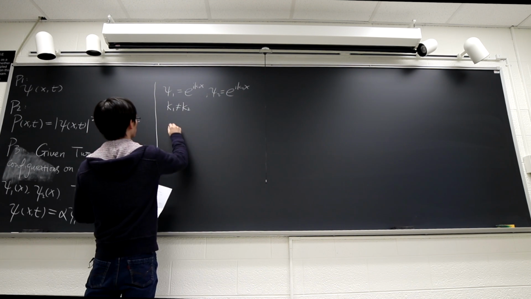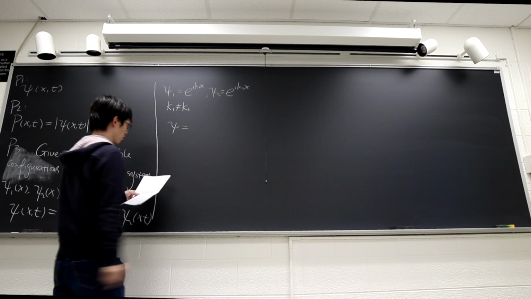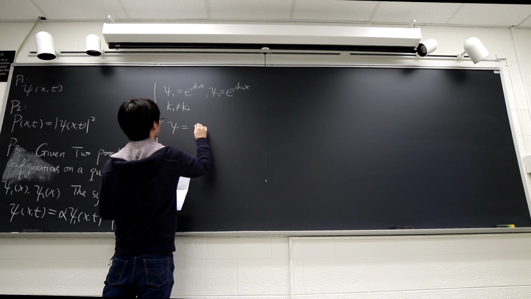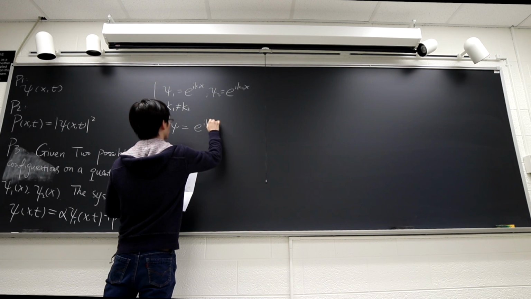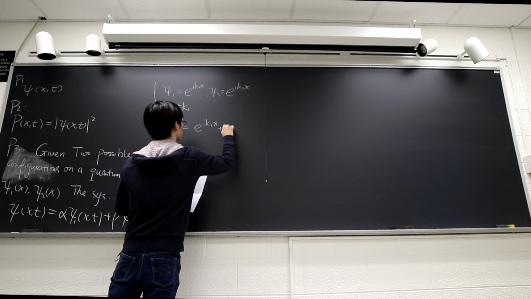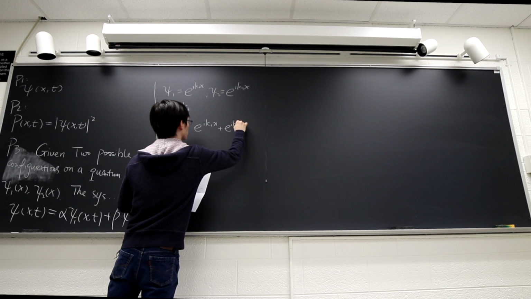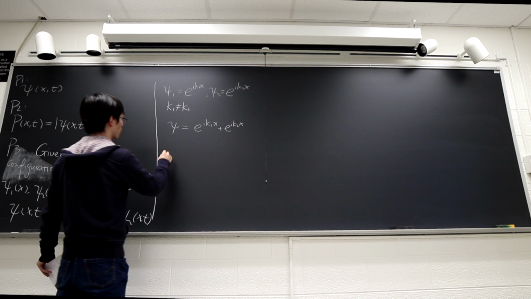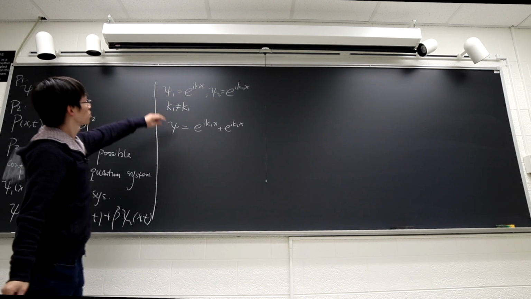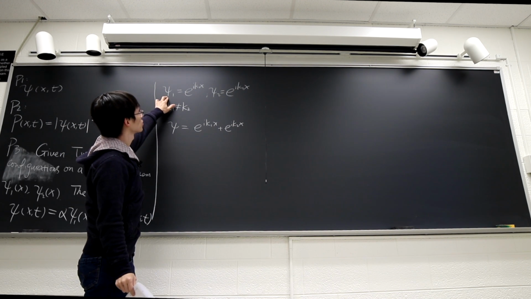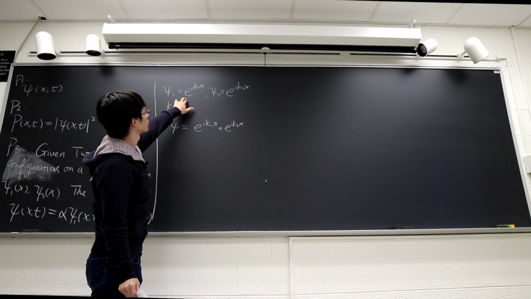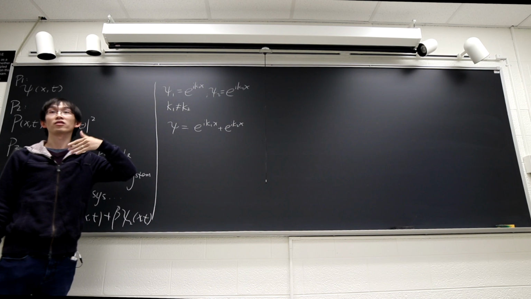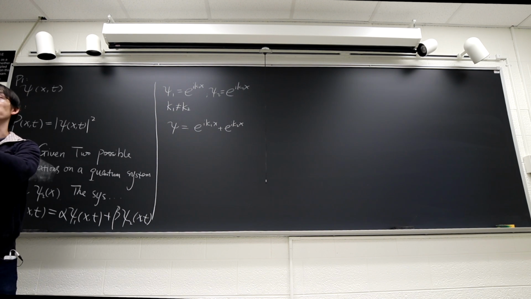So the new state can be expressed as, let's say, just a linear combination of these two. Originally, for psi 1, you can see that because the amplitude is the same everywhere, you have an equal probability of finding your electron at any given position.